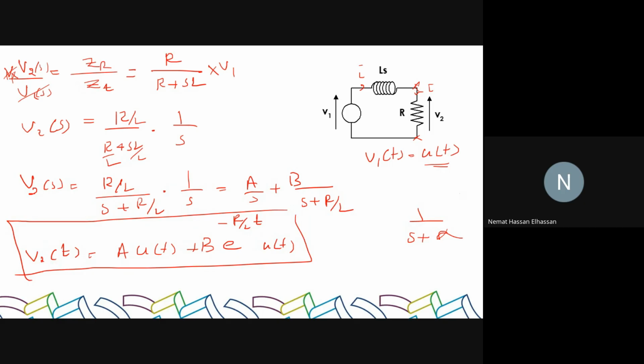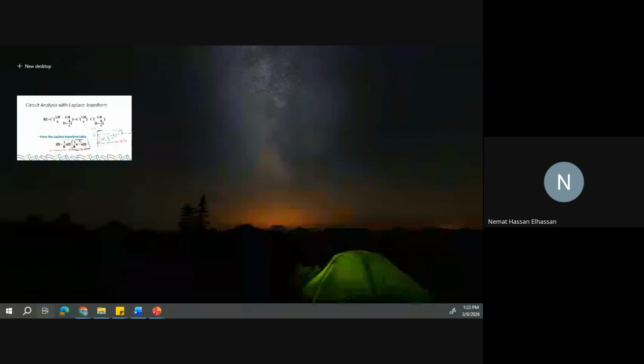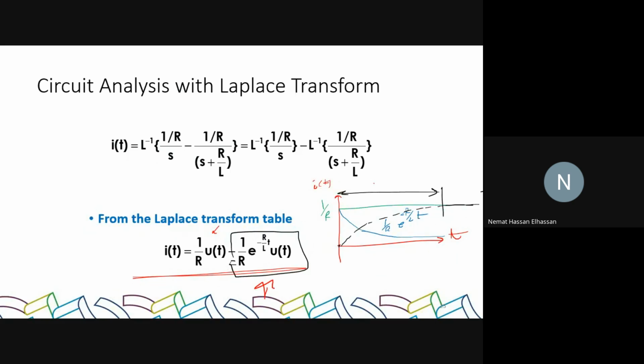And in the first example, we evaluated the current. What do you notice? It's the exact same, right? Specifically, sorry, specifically this second term, the natural response, right?